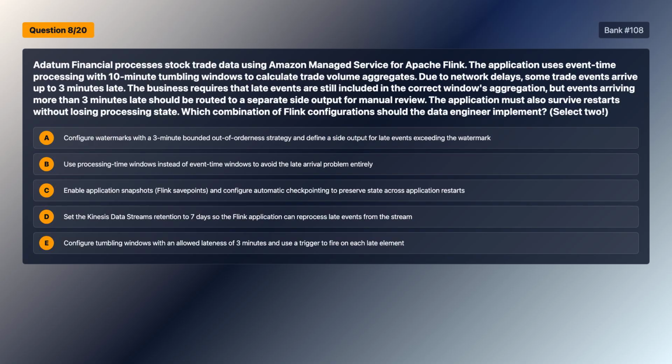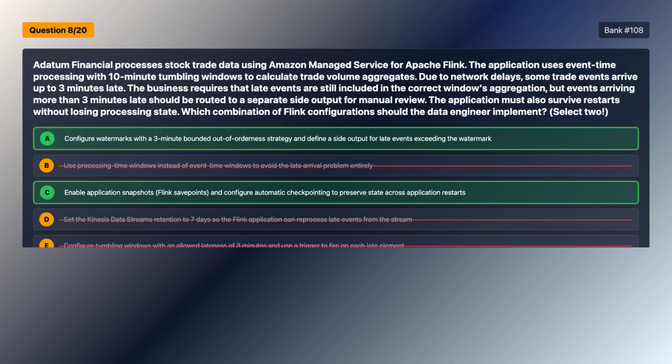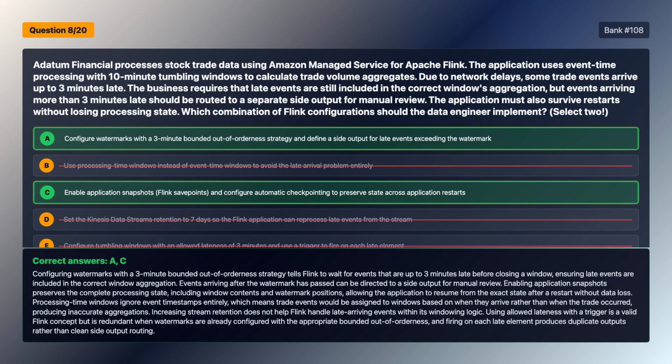Select 2, review the answer choices on screen. The correct answers are Option A and Option C. Configuring watermarks with a 3-minute bounded out-of-orderness strategy tells Flink to wait for events that are up to 3 minutes late before closing a window, ensuring late events are included in the correct window aggregation.